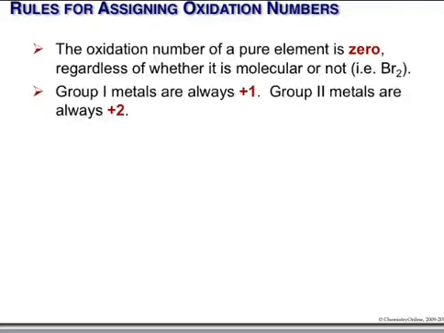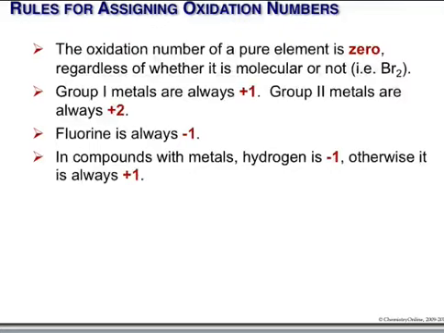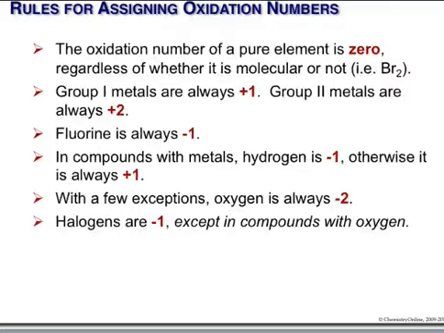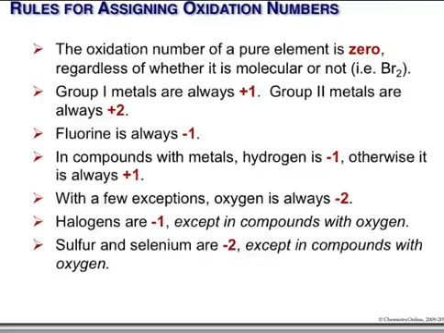Actually, let's look at our full list of rules here. We don't need to know these until chapter 5. Since we're comparing elements in their standard state, if we have a pure element, it's always 0. As we've seen, group 1 metals form +1 cations, so that's +1.